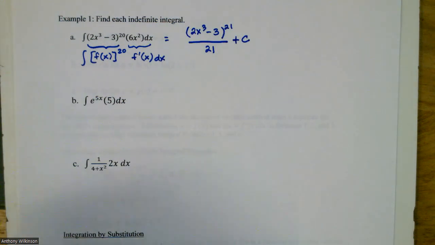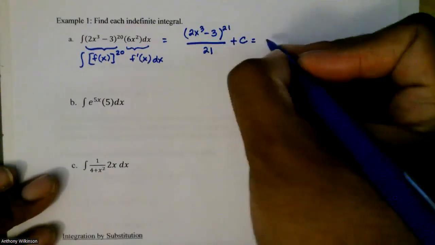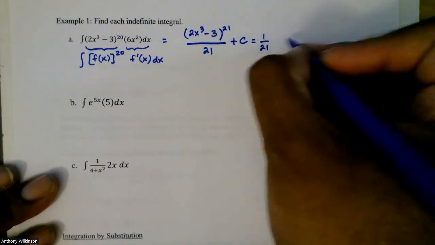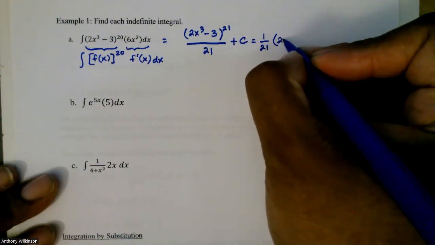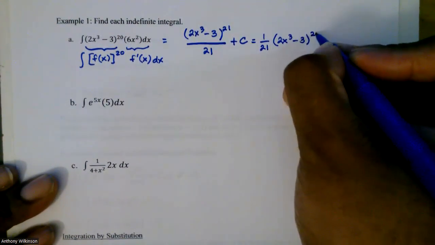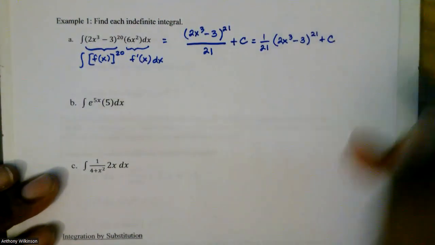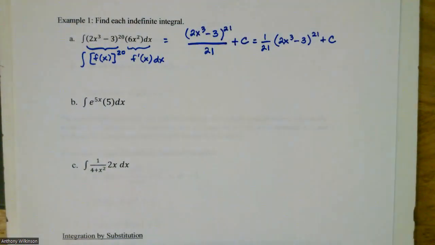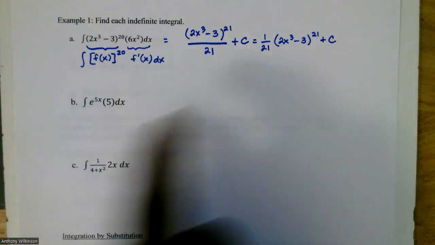Now, another way we can write that would be something like this. I'll say 1 over 21 times the quantity 2x cubed minus 3 raised to the 21st power plus c.